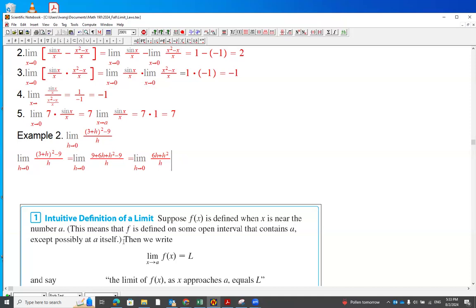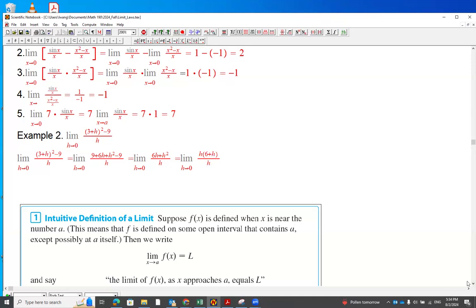Can we apply the quotient law again? The answer is no, we cannot, because we still cannot guarantee the limit of the denominator is not 0. But what can we do? We're going to factor out the h, because h is approaching 0, but it is not 0. So we factor out the h. So inside is going to be 6 plus h, the denominator h.